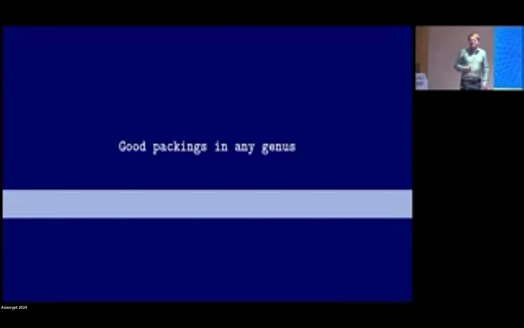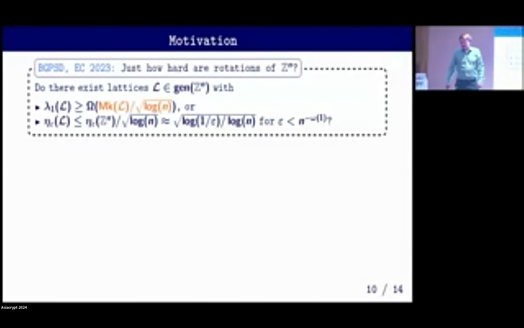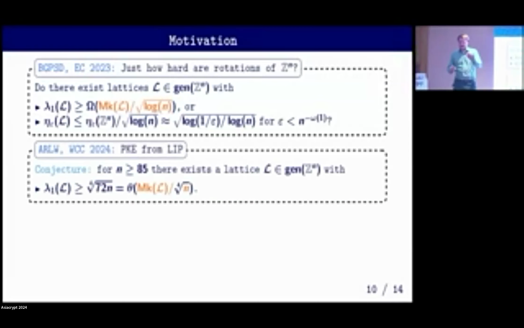Okay, so we now have these genera, and these are the invariants that we are constrained to. We need to find an auxiliary lattice that matches on the genus, but that still has good packing properties. And this is not just a theoretical thing. If you look at the constructions and schemes in these papers, they really have these requirements.